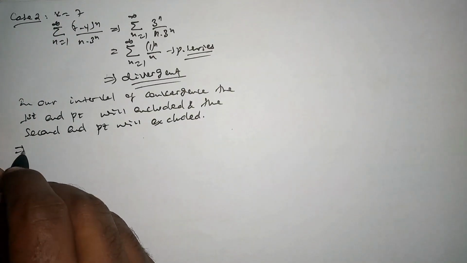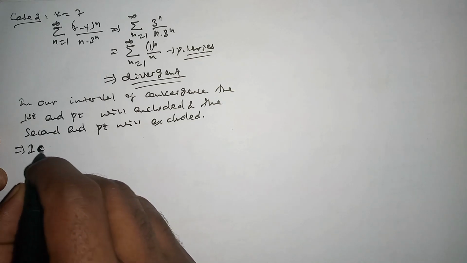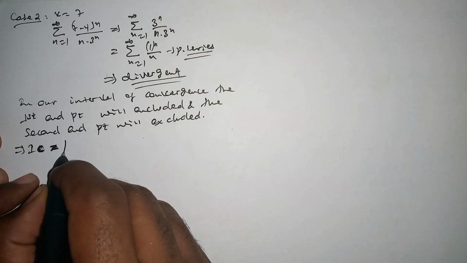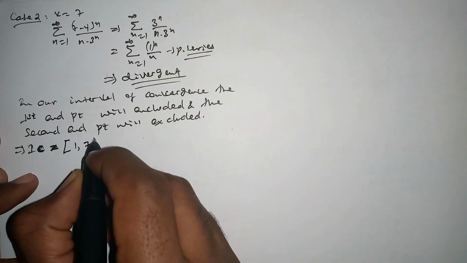This means our interval of convergence is equal to [1, 7).